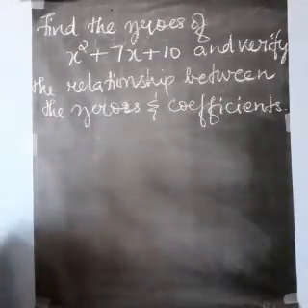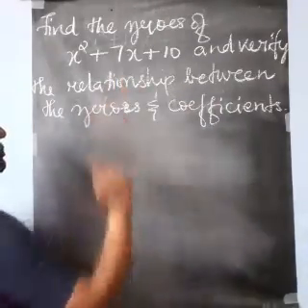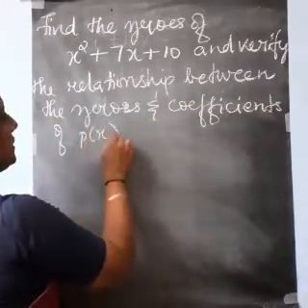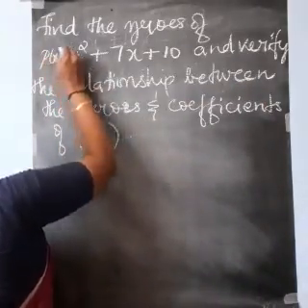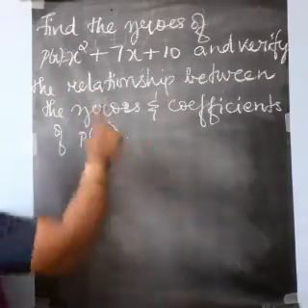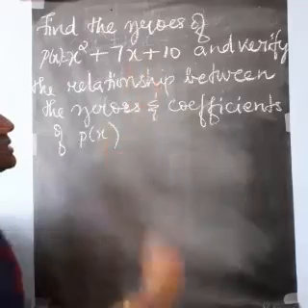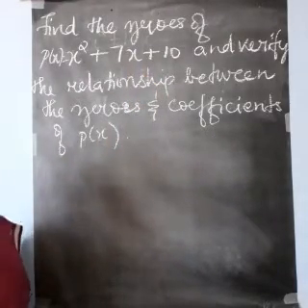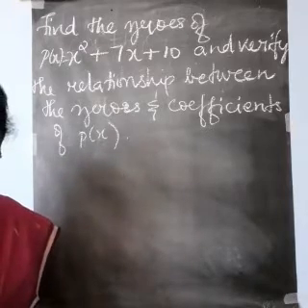Let us say p of x is equal to x squared plus 7x plus 10. Find the zeros of p of x and verify the relationship between the zeros and its coefficients. That is what the question is.